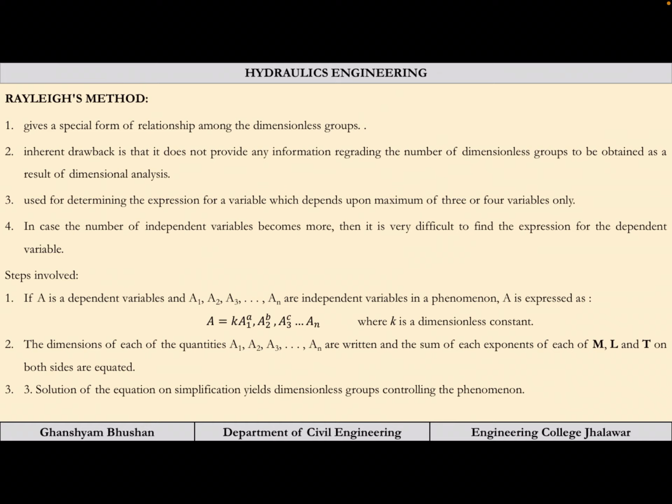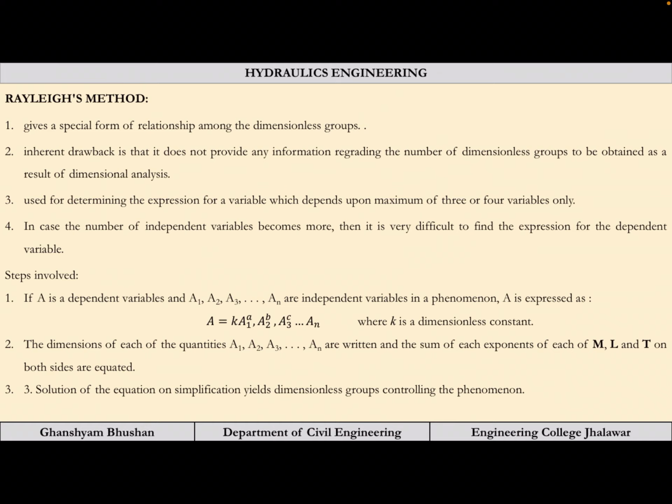This problem was solved by Buckingham in his pi theorem, so that we will see later. But right now we are trying to understand Rayleigh's method, and this method is used for determining the expression for variables which depend upon a maximum of 3 or 4 variables only. So this is one more drawback.